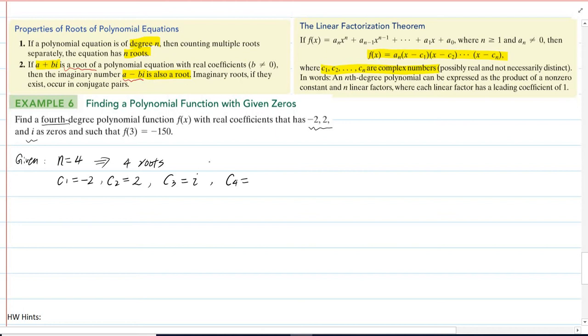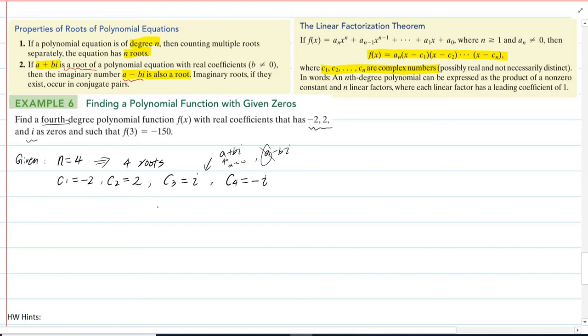In this case, in a plus bi form, our a is 0, right? So that means a minus bi also is a root. Since a is 0, I'm just going to write negative i as our c4.